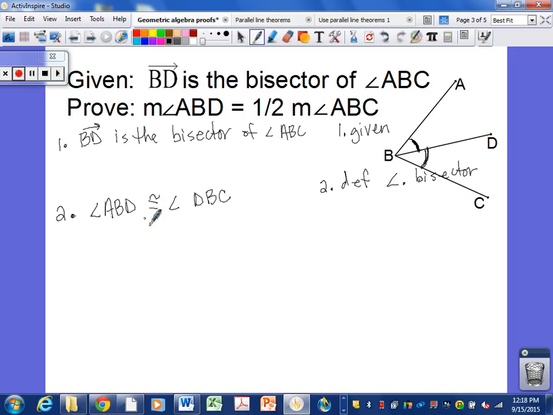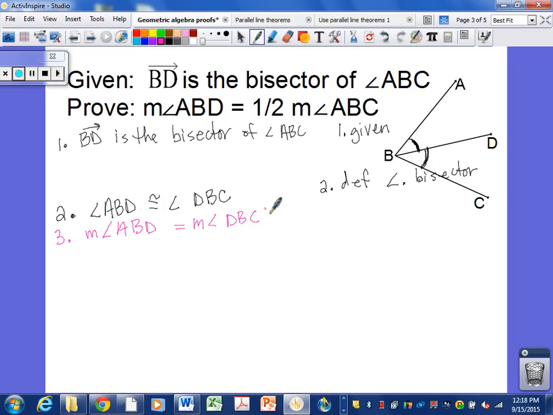Okay, so notice we have congruence again, but we want to have equals in our problem. So we change congruence to equals. Okay, perfectly legal to do this. The measure of angle ABD, so that's talking about its degree, is now equal to the measure of angle DBC, its degree.